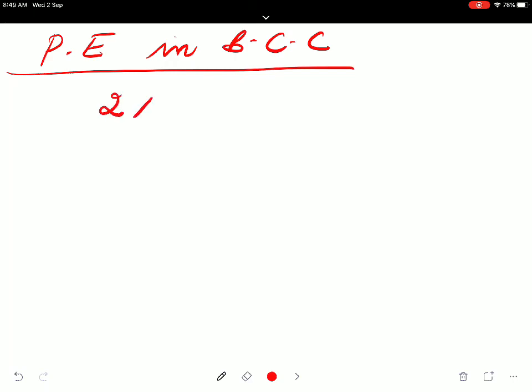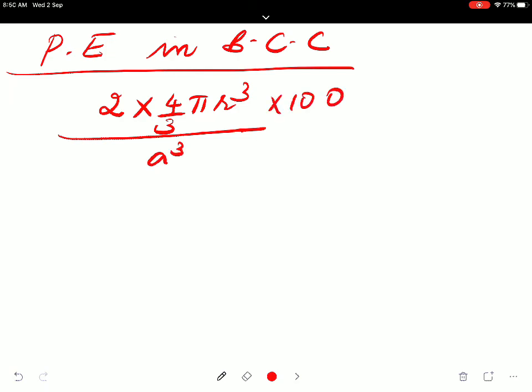That is 2. 2 into the volume of each sphere, that is 4 by 3 pi r cube, divided by a cube into 100. Number of atoms present in body centered cube is 2. So 2 into 4 by 3 pi r cube divided by a cube. Now I am converting a in terms of r. We have already seen that root 3a is equal to 4r. This is the relation. So what is a cube? a is equal to 4r by root 3.